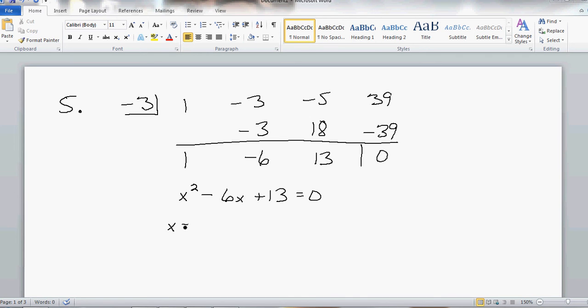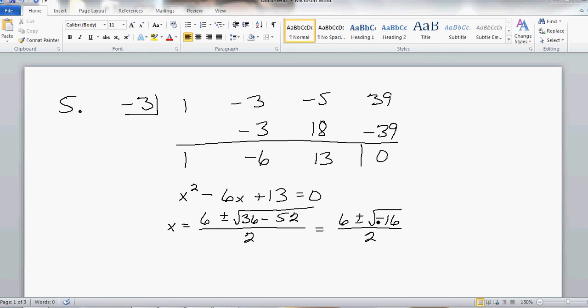So it's x equals negative b plus or minus the square root of b squared. Well, b squared is 36 minus 4ac. 4 times 1 times 13 is 52, all over 2a, or 2 times 1. So that's 6 plus or minus the square root of negative 16, all over 2.